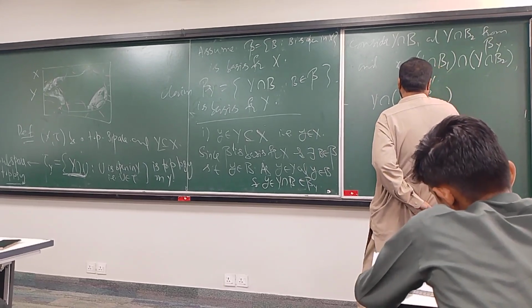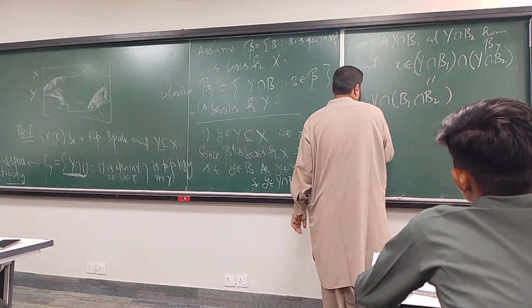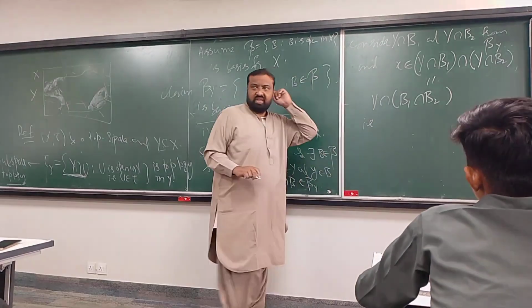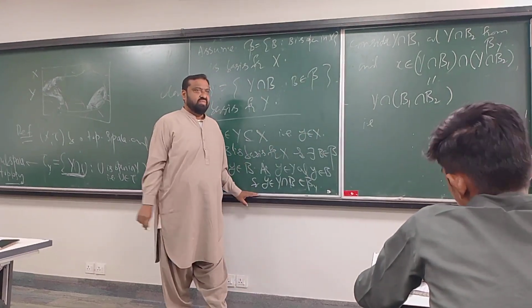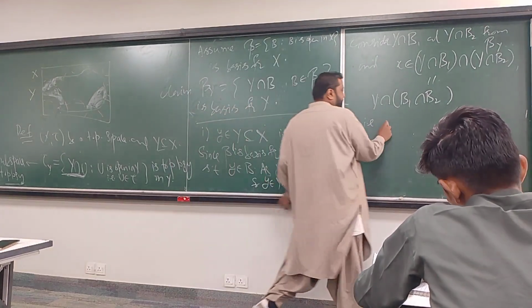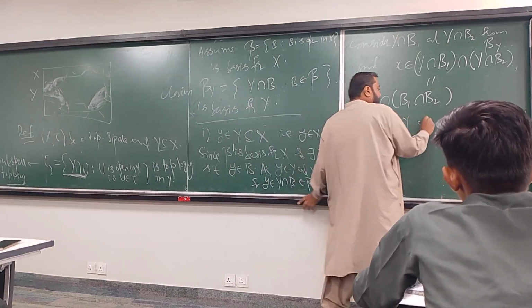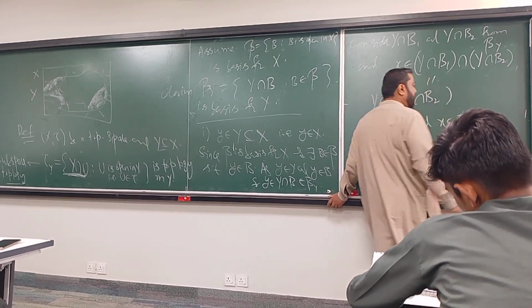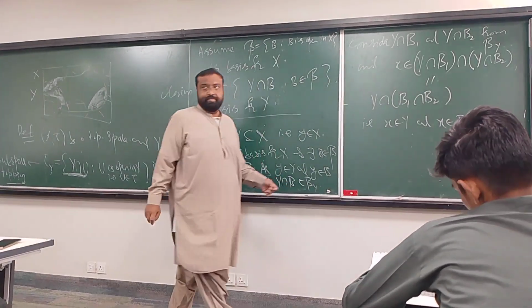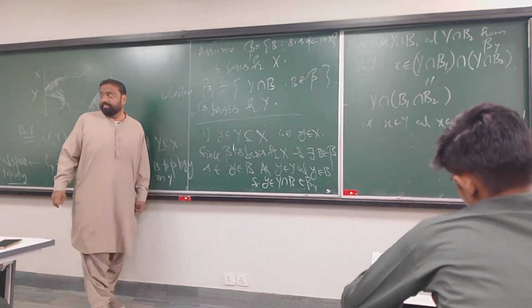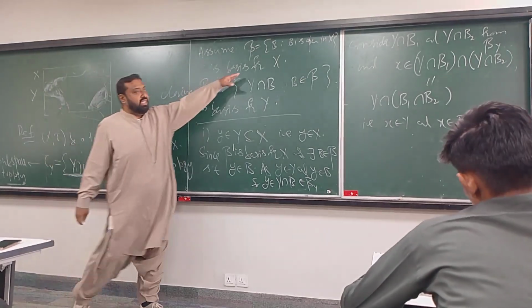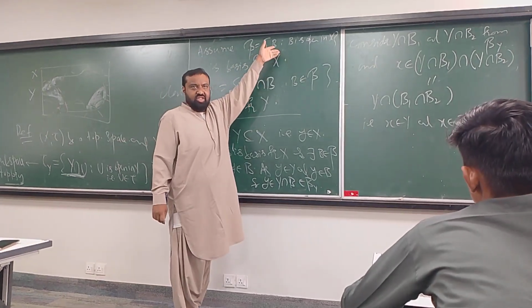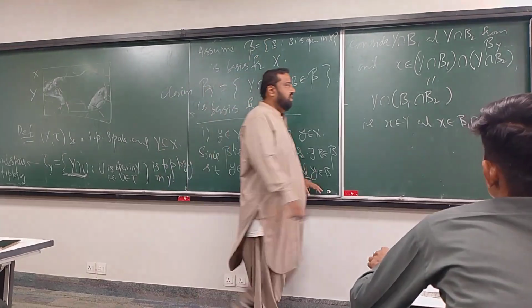So x is in this and x is in this. What is the next thing? x belongs to Y, and x belongs to B1 intersection B2. We know there will be a B3 in this, since this is a basis.